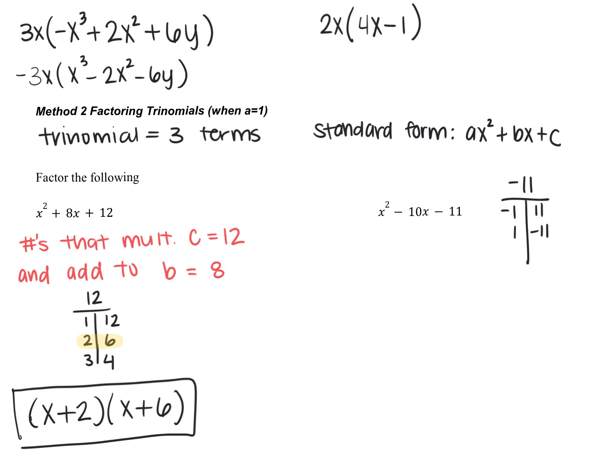Both of those multiply to negative 11, and that is actually the only way to multiply to 11. I want to know which of these two add to negative 10, and that's going to be 1 and negative 11. So I'm going to have x plus 1 and then x minus 11.